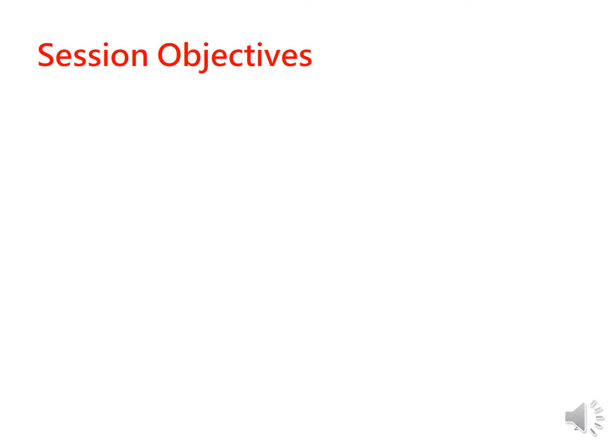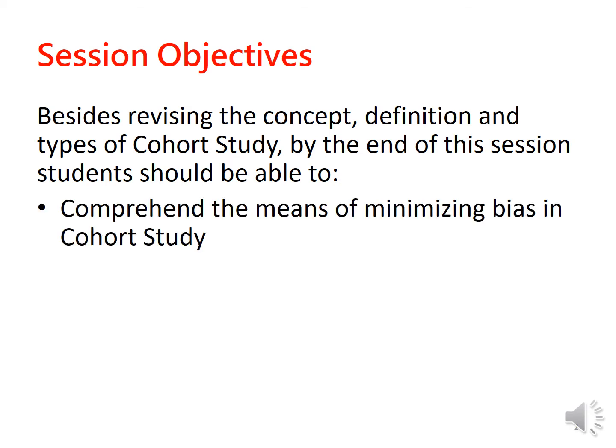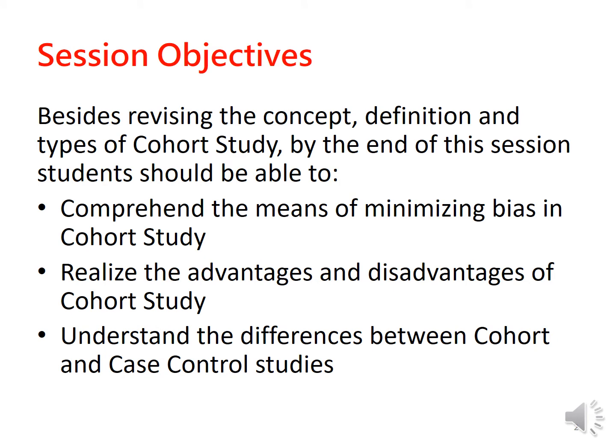Besides revising the concepts already covered in our classroom, including types and steps of cohort study, we will try to learn different types of biases and means to minimize bias in cohort study, advantages and disadvantages, and differences between case control and cohort studies.